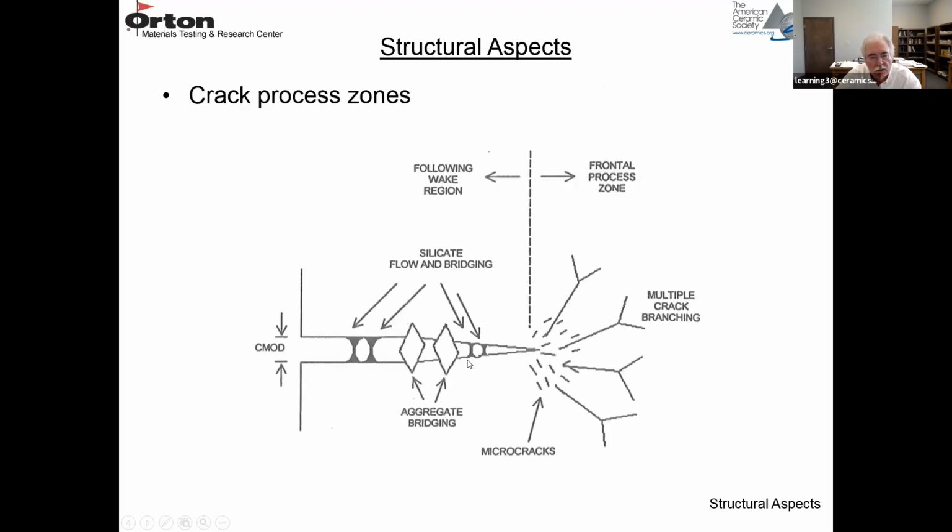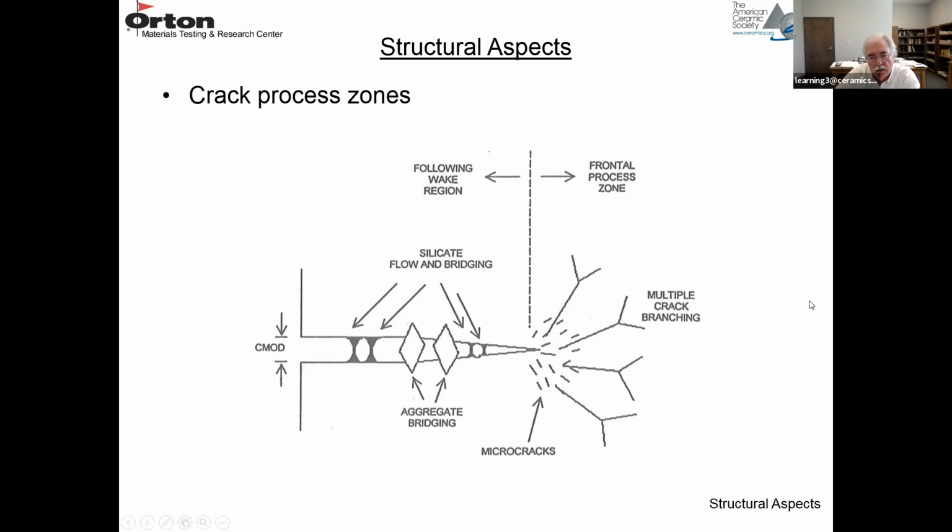So this is what a crack looks like running through a refractory material. The process zone in the front of the crack tip is the frontal process zone. In the wake of the crack, this is the wake region, or the zone behind the crack.